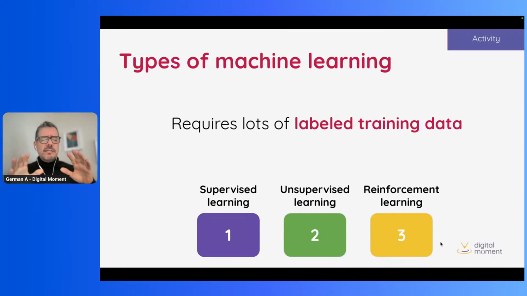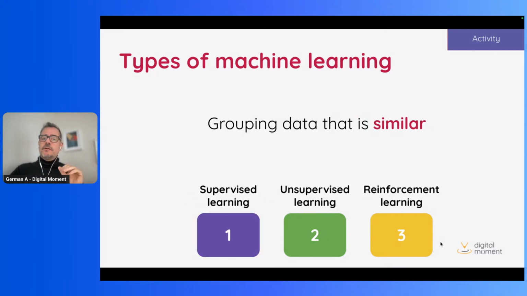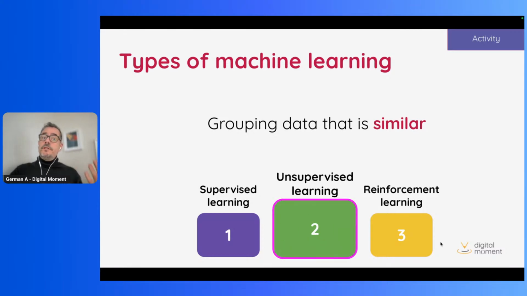And that's the part that opens another conversation with the ethical use of labeling and labeling many different things that we're not going to explore here today, but are great within the classroom. So we know that this is supervised learning. And the last one is easy peasy because it groups data that is similar. So we saw the case of the shopping site or the video.